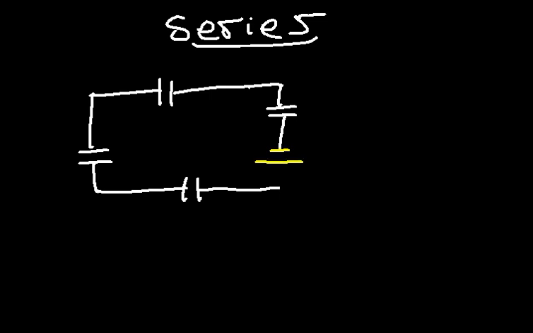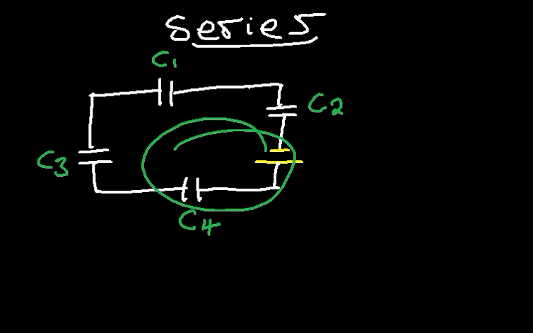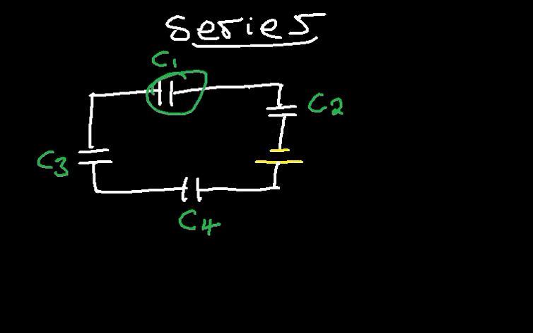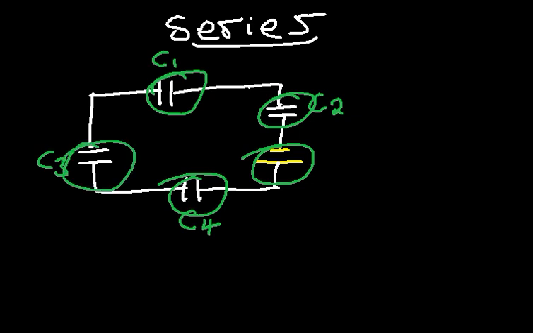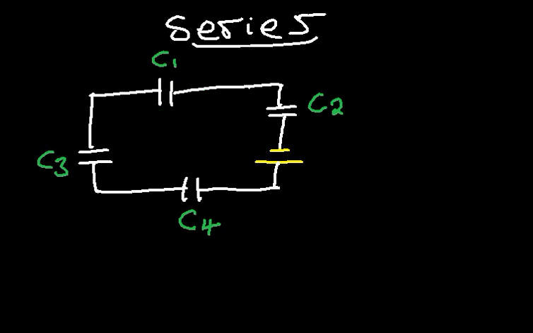Let's say this is capacitor 1, this is capacitor 2, this is capacitor 3, and this is capacitor 4. This is the series circuit in which all components are connected in a single wire. There are no junctions available. Hence, this is the series circuit.